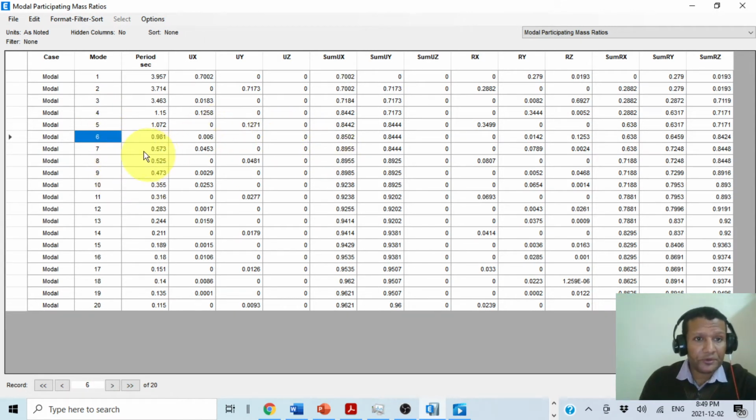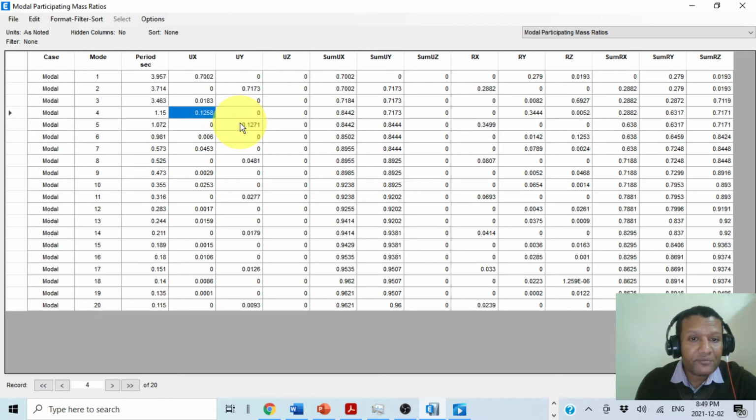But as per computer programming, what does this mean? Mode 1 means this is the first mode in the X direction. Mode 2 means this is the first mode in the Y direction. Mode 3 means the first mode in the Z direction. 4 means the second mode in the X direction.